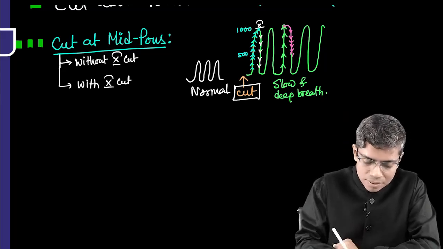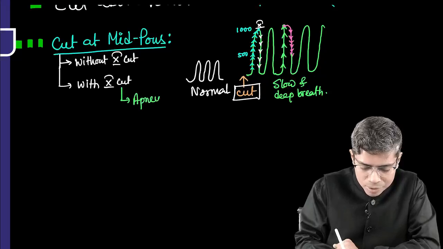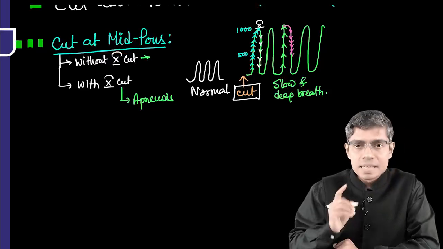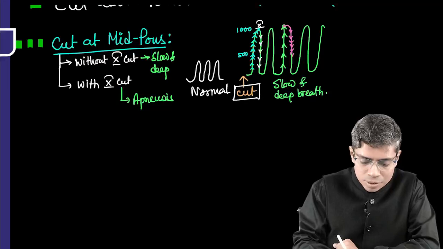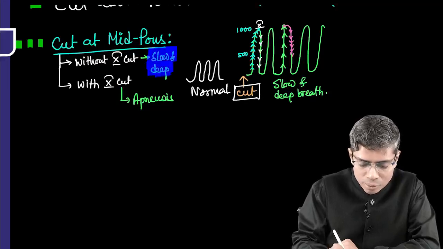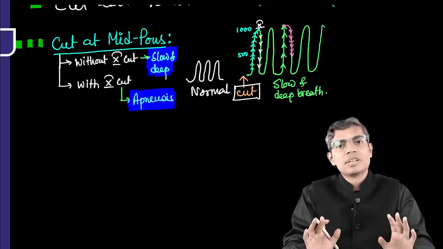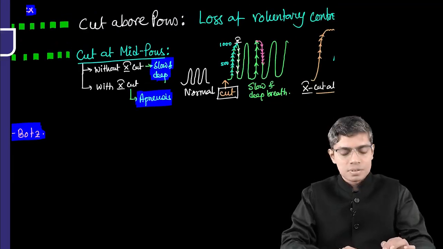If you cut the vagus, just now we have seen the phenomenon, apneusis, and if your vagus is intact, then slow and deep breathing is going to be seen. So this is very clear, I hope, and you have to remember this information. That is the effect of a cut at the level of mid pons, right?